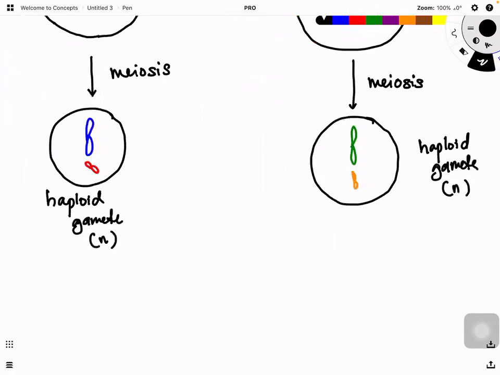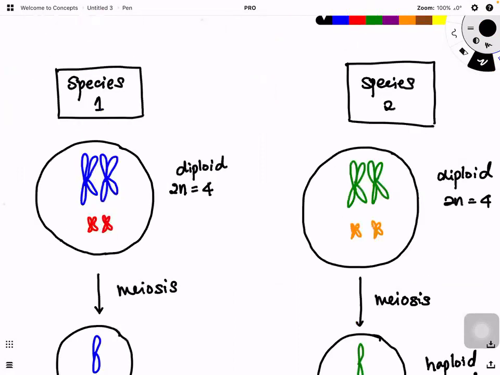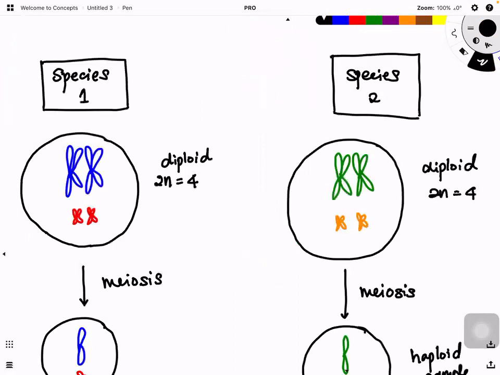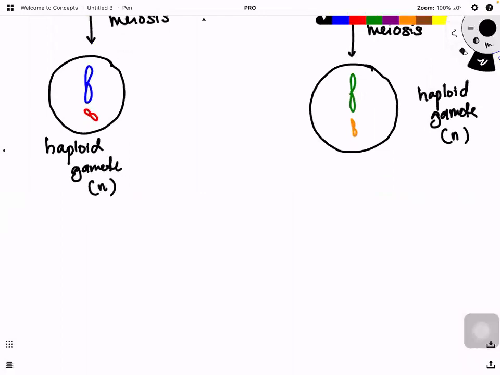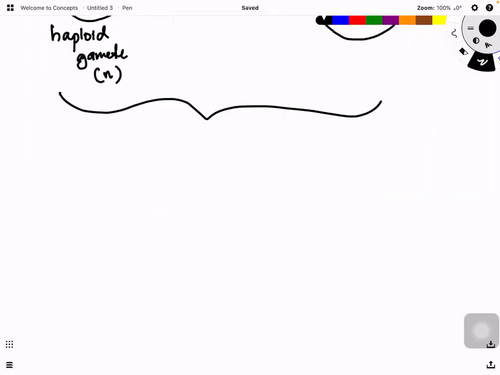Now, because there are 2 different species, it means that reproductive isolation should take place. But pre-zygotic cannot. It means that temporally, the timing for them to be fertile is the same. The location is the same. Behavioral, they can recognize each other. The gametes are almost the same, mechanical, no problem. So fertilization actually takes place. If fertilization takes place here, we call it hybridization. The word we're going to use here is inter.